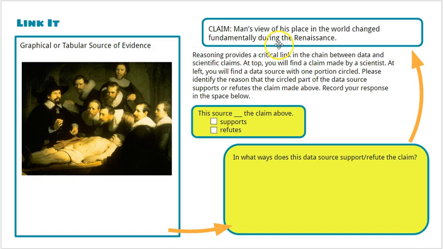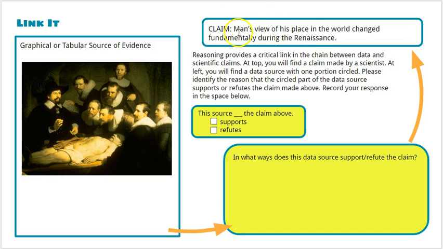But anyway, here I've put in a claim, and here I have an example of some artwork. I would expect the students to be able to use the artwork and then maybe put circles and arrows around areas that I thought were most important, where the evidence should be targeted, and then describe how that relates to the claim that I made.